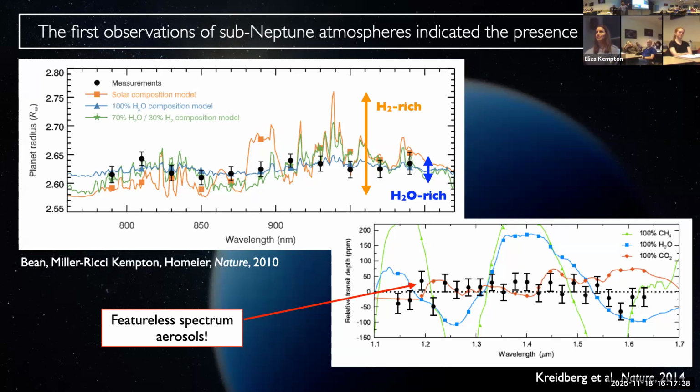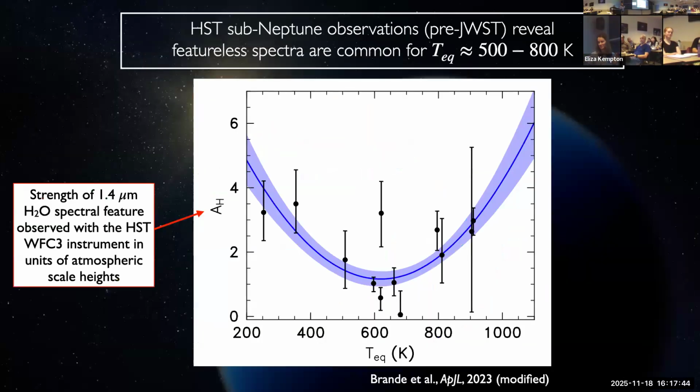I spent probably at least a decade of my career exclusively on the aerosols. I'm not going to show you all those results because I want to get to the JWST results. This is an empirical result, an observational result summarizing all of the other planets that were observed with Hubble prior to JWST.